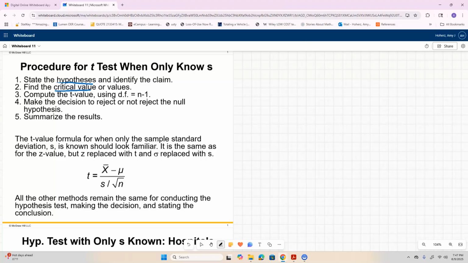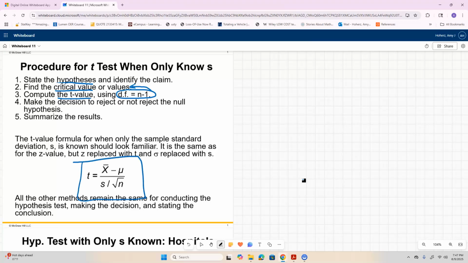Second thing is finding the critical value. Third thing is we're going to compute the t value rather than a z value. And we're going to be using degrees of freedom. N equals 1. This is actually off. We actually use the degrees of freedom in this step. But we're going to compute the t value using the formula for t value, which is this one down here.